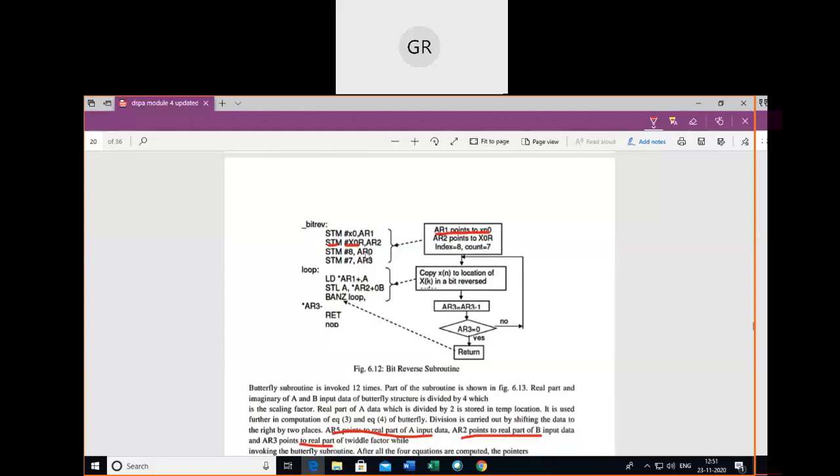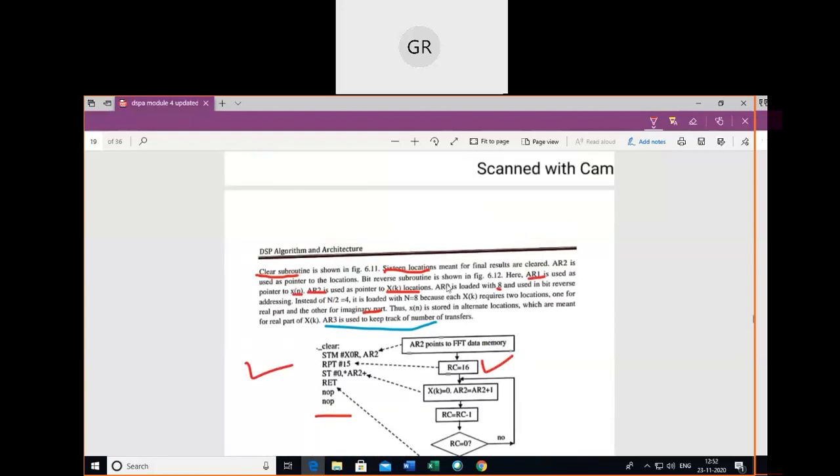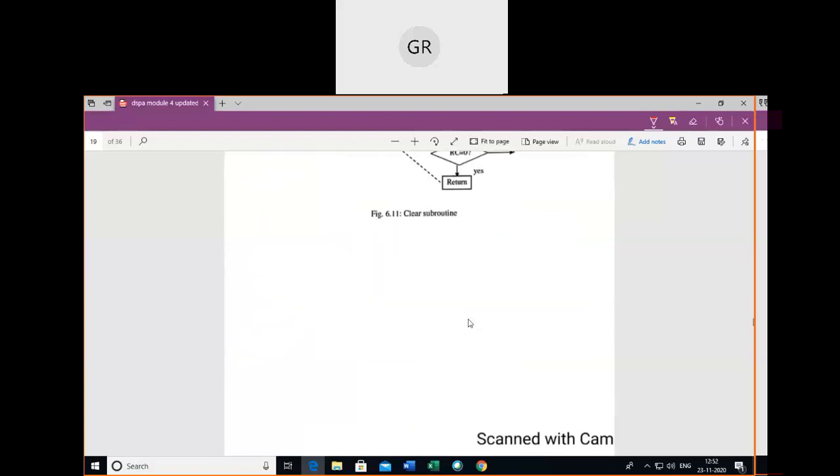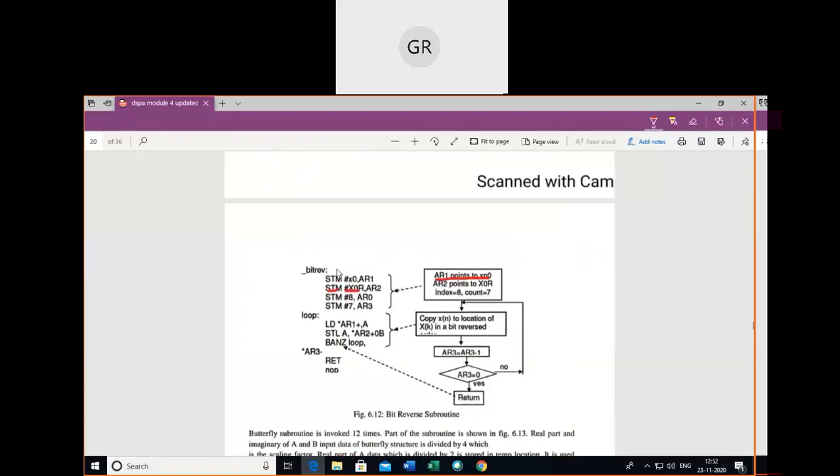AR0 is loaded with 8, and STM 7, AR3 means we can repeat the same process 8 times, 0 to 7. Store 7 into AR3, the count. AR3 is used to keep track of the number of transfers. Just remember this.